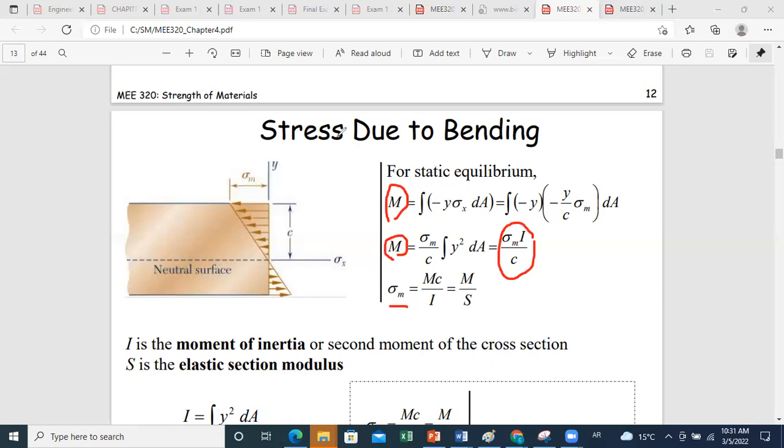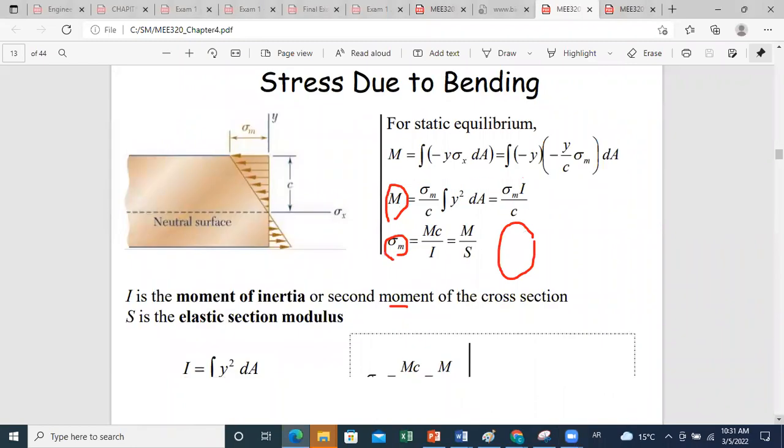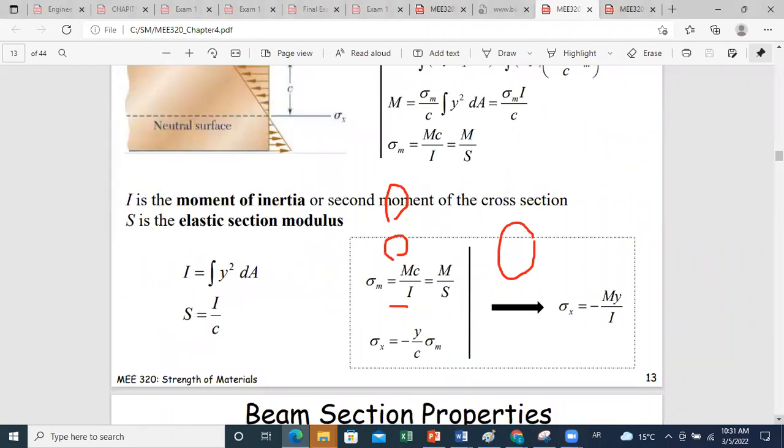So until now we have seen several expressions, if you want, for the value of sigma maximum.